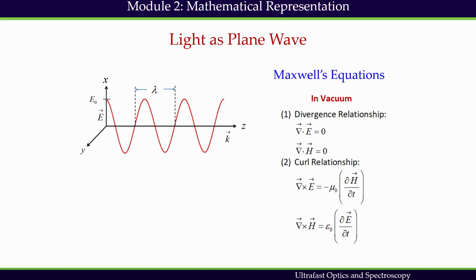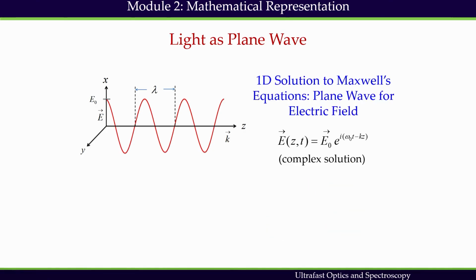The wave character of light is fully described by Maxwell's equations, which are given here. These equations are nothing but vector differential operations on the electric and magnetic fields. This is the electric field, this is the magnetic field. In vacuum, the one-dimensional solution to these equations renders a plane wave for both electric and magnetic fields. As the magnetic field strength is very weak compared to the electric field strength, we will neglect the magnetic field here.